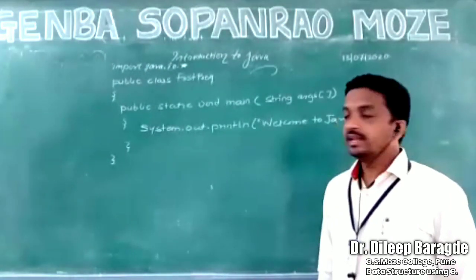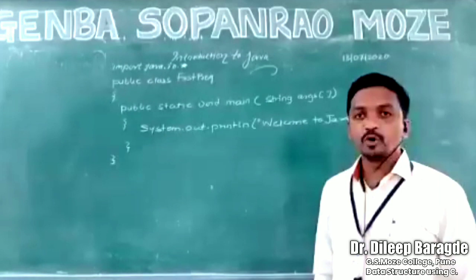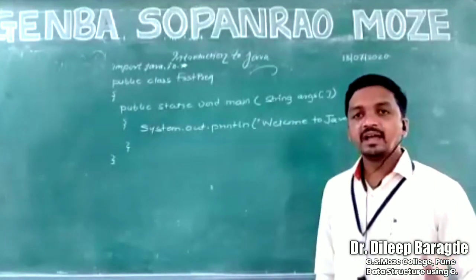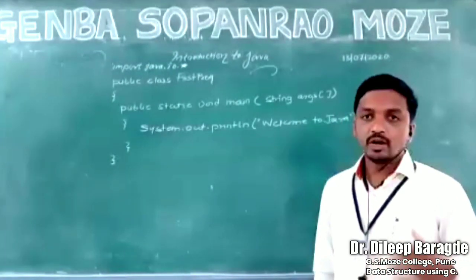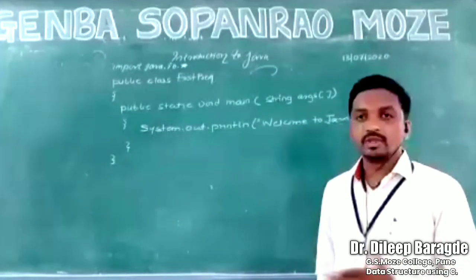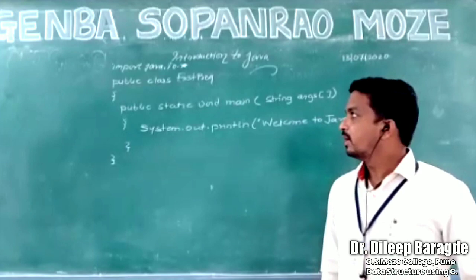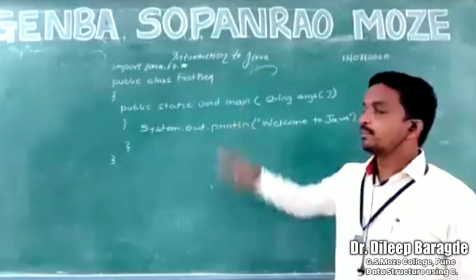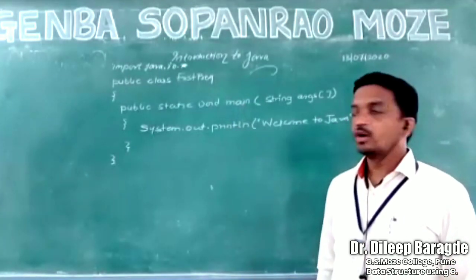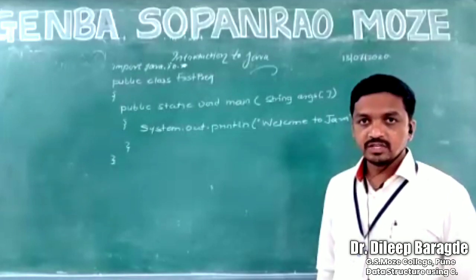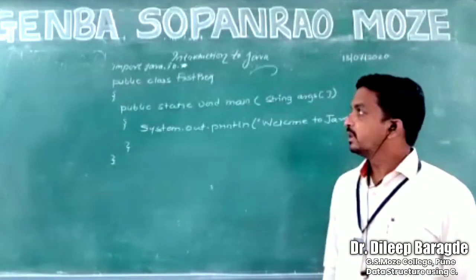So whatever the remaining sub packages of IO, those are also imported. We will see that in a separate chapter, that is the package concept. So that is import java.io.*, the first import package. Then we will move on further.